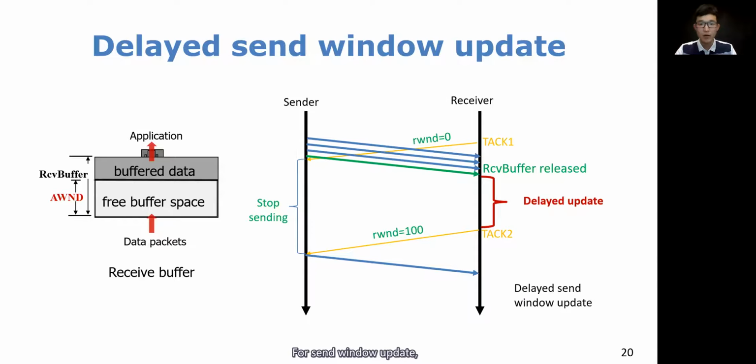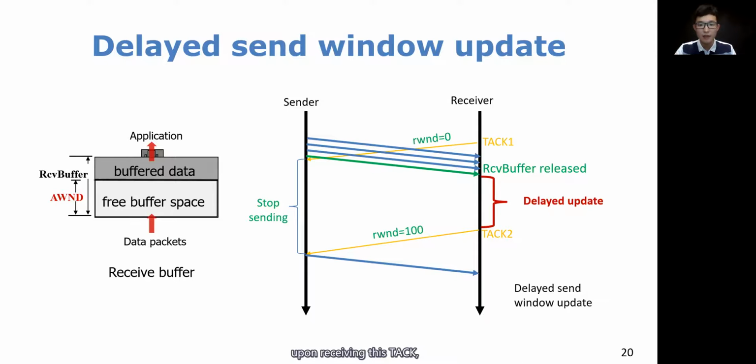For send window update, TCP ACKs report the announcement window in the TCP header for flow control. Reducing ACK frequency might also lead to feedback lags and bandwidth underutilization. For example, assume TACK is sent every 50 milliseconds. TACK 1 notifies a 0 window because the receive buffer runs out.